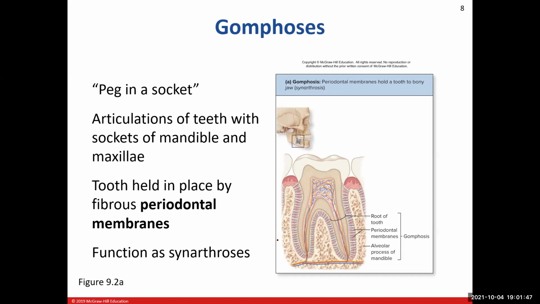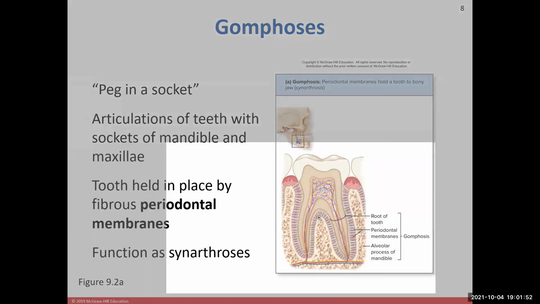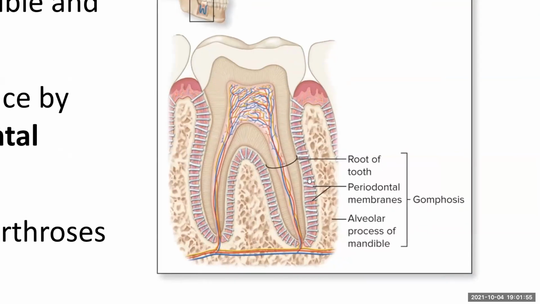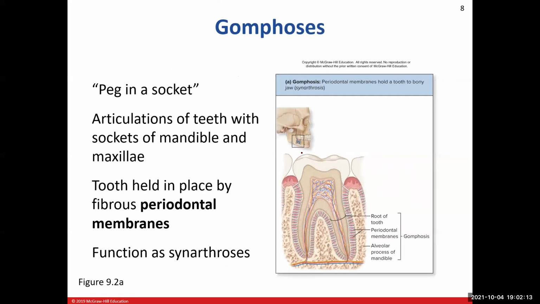These teeth are held in place by what we call periodontal membranes, tiny little ligaments that attach from the bone of either the maxilla or the mandible and hold the tooth in place. That is a membrane, not cartilage, so it falls into a fibrous joint. And they function as a synarthrosis.